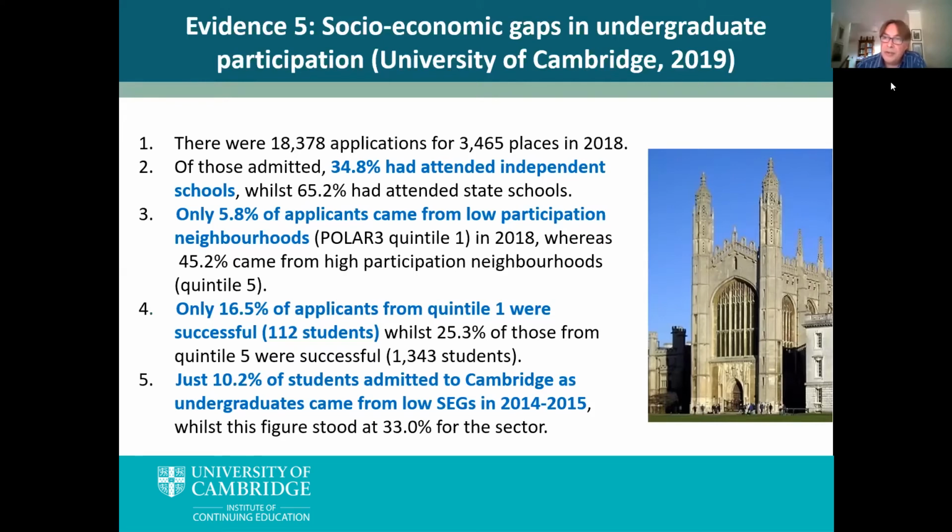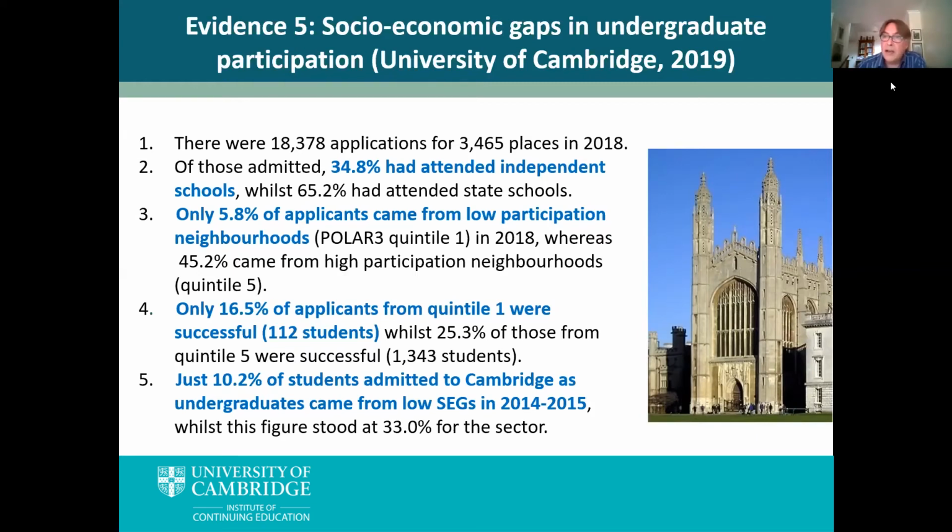And the Institute of Continuing Education has been around since 1867, when James Stewart started outreach work trying to take Cambridge to working men and women in the north of the country. So Cambridge has a long and proud tradition in outreach work trying to widen participation.